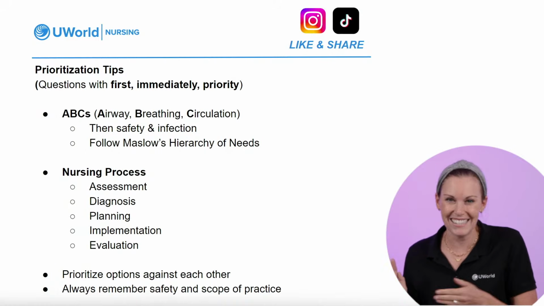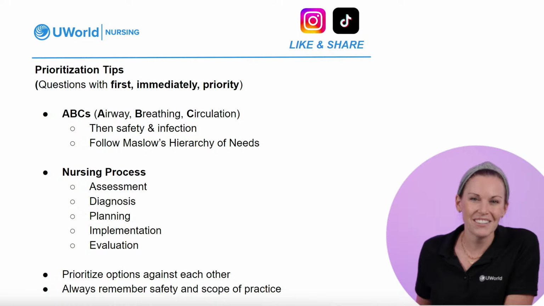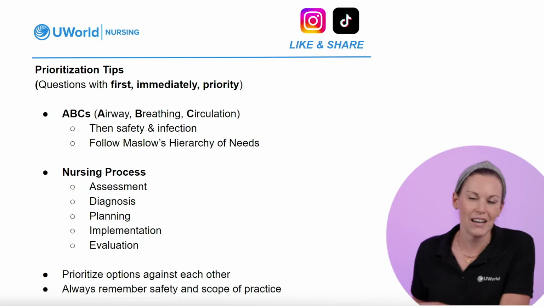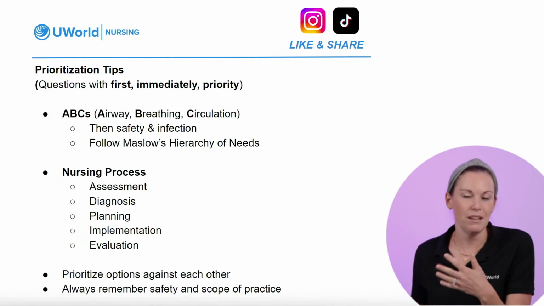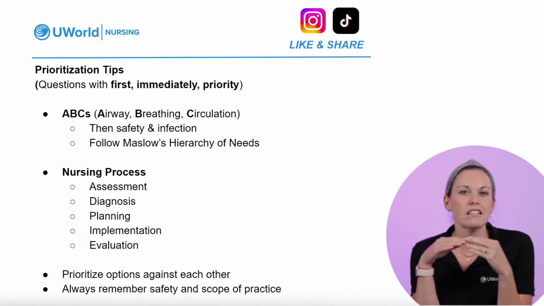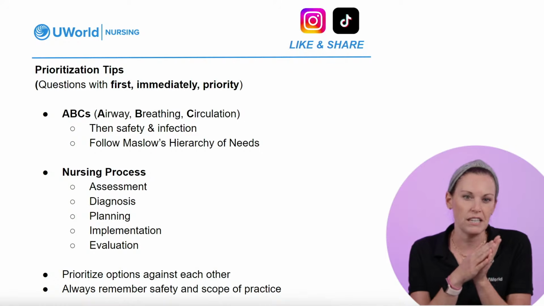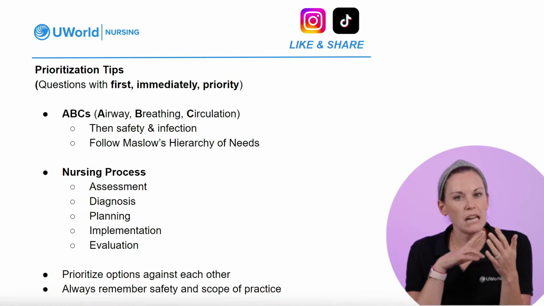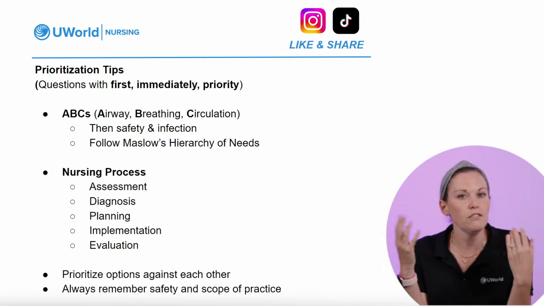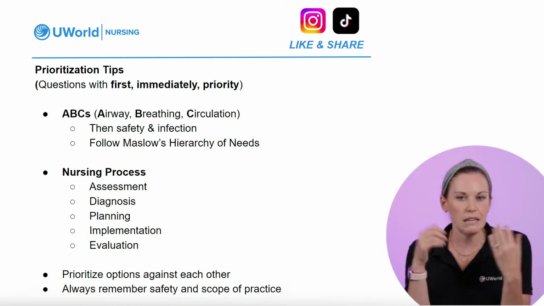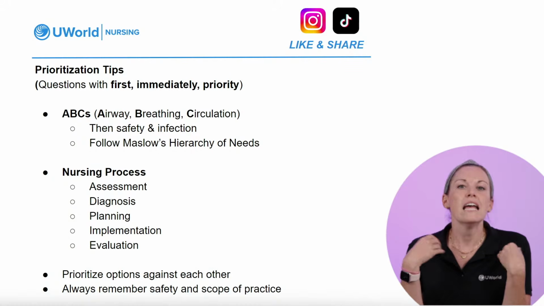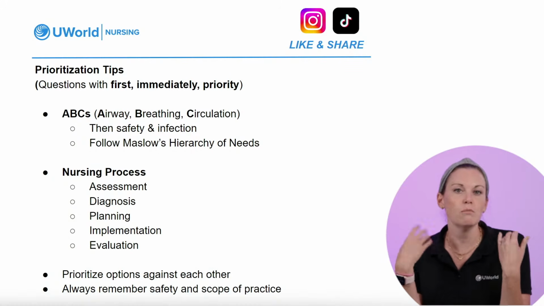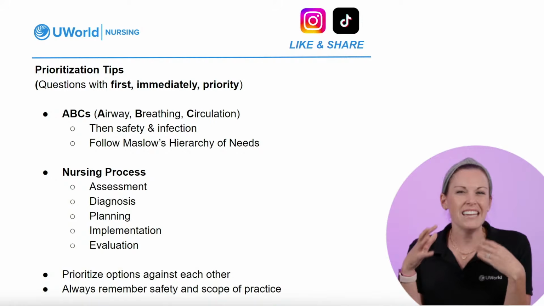Okay, prioritization tips. We're going to cover just a few general tips for you guys before we jump into the questions. What you're going to see with these prioritization questions is a few words that are going to be bolded. So you'll see the word first, immediately, or priority. If you see those, that's going to tip you off that this is a prioritization question. So what we're looking for is the most pertinent intervention, the most serious finding, anything like that.